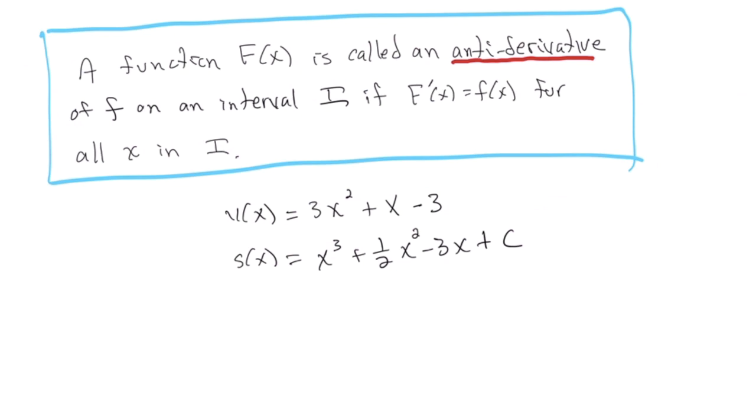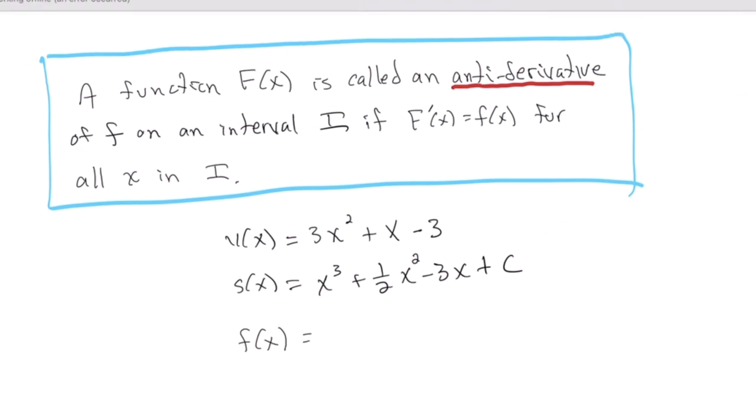Typically the interval I would be the domain of the function, but it doesn't have to be. I just wrote down the two functions we talked about a couple minutes ago, a velocity and a position, the velocity being the derivative of the position. Framing this in the notation of the definition, little f is our derivative function.